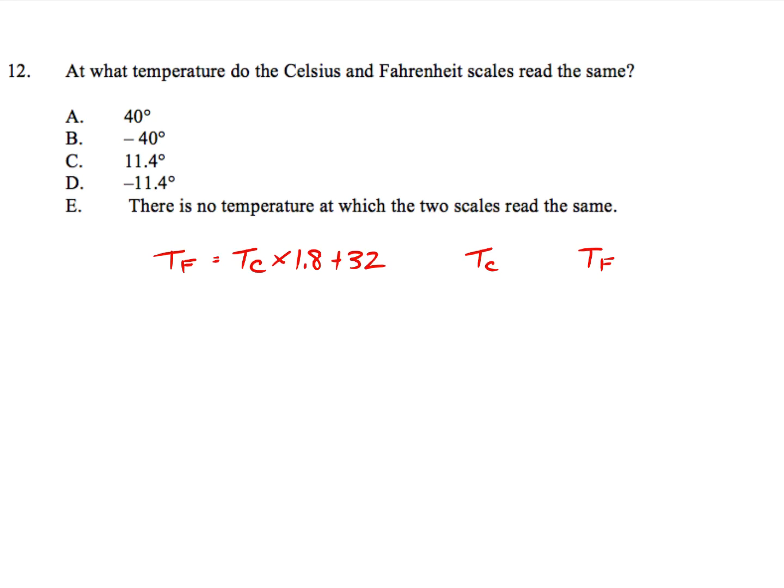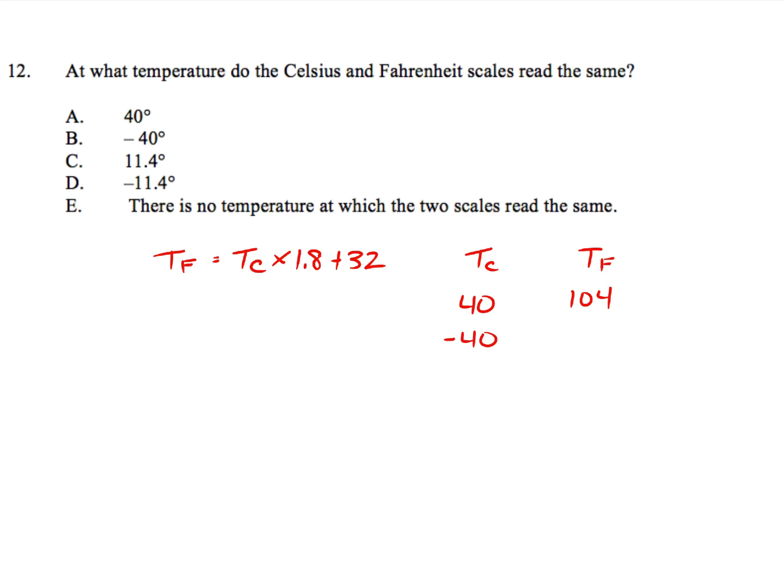So if you plug in 40 degrees for the temperature Celsius, you do 40 times 1.8 plus 32, you actually get a Fahrenheit temperature of 104. So that doesn't match.